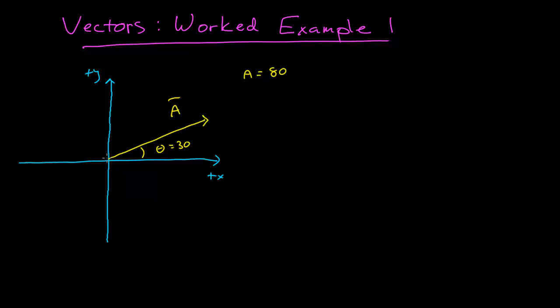So there's another vector that's counterclockwise from the positive y-axis of 30 degrees, and it has a magnitude of 100 units, say meters. And then there's a third vector that's counterclockwise from the negative x-axis at 53 degrees, and it has a magnitude of 50 meters.